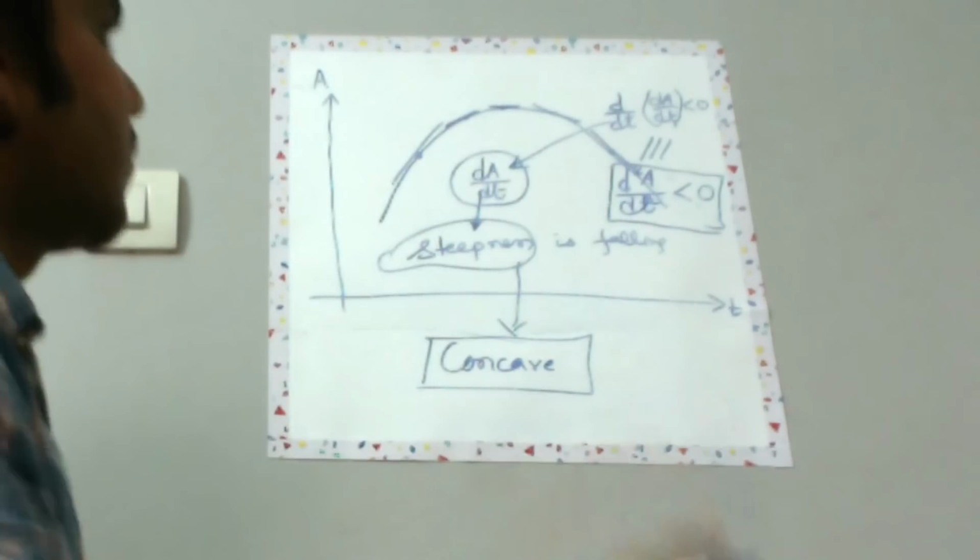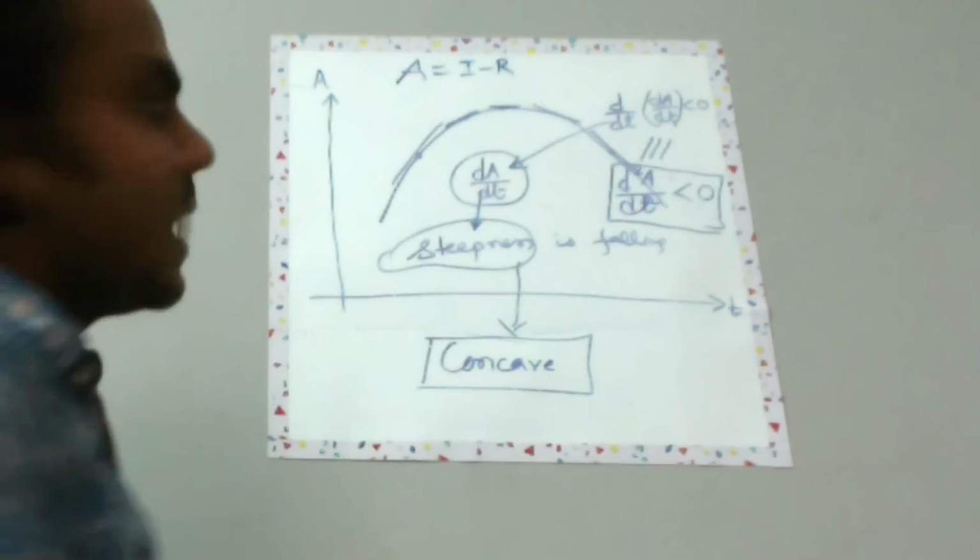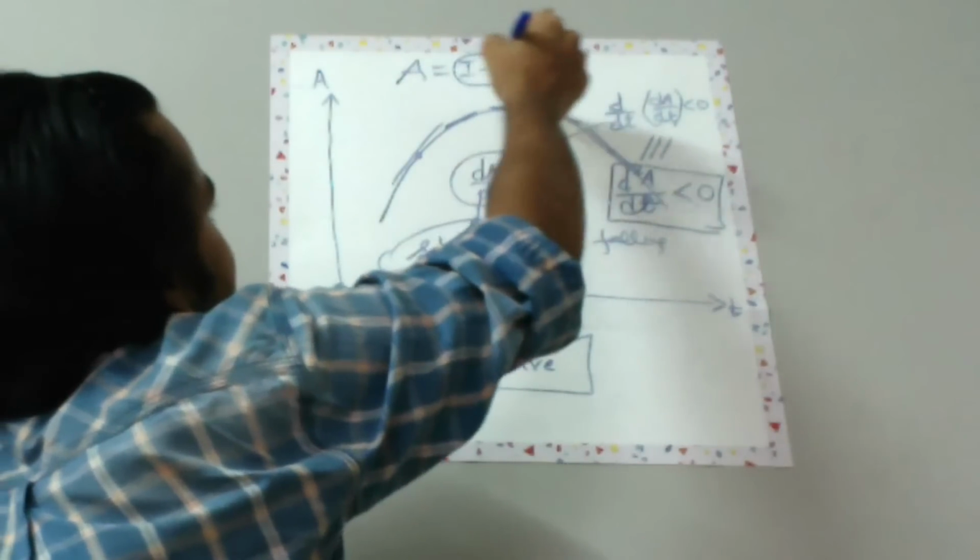So essentially, if we look at A is equal to I minus R, if I look at this side, dA/dt is equal to dI/dt minus dR/dt. So if dA/dt is falling, dI/dt minus dR/dt should fall. So let's look at this part of the equation.